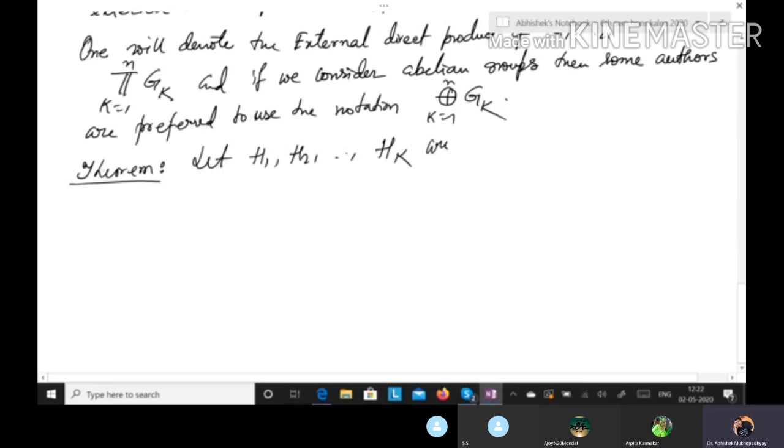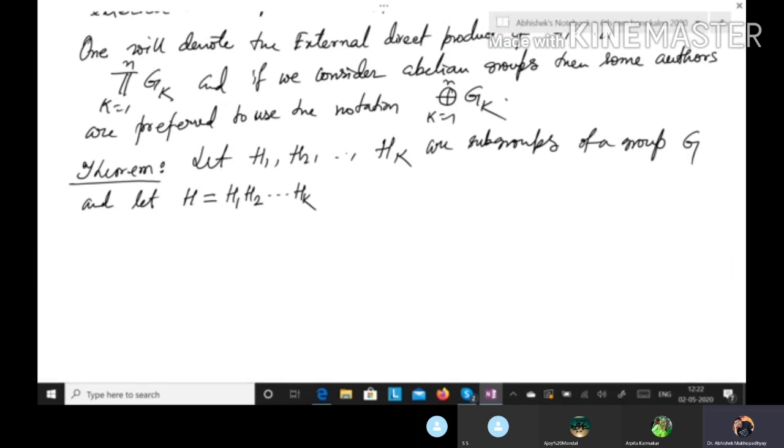So these are all subgroups of a group G, and let H be this one, H1, H2, Hk. Then the following are equivalent.